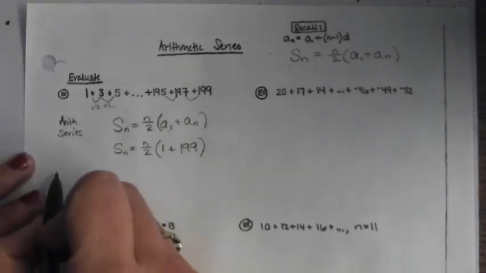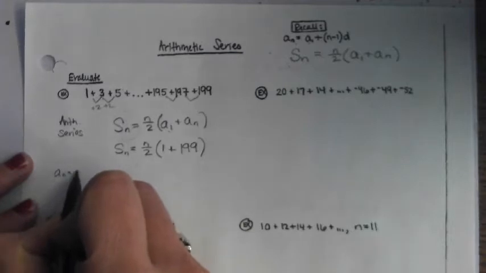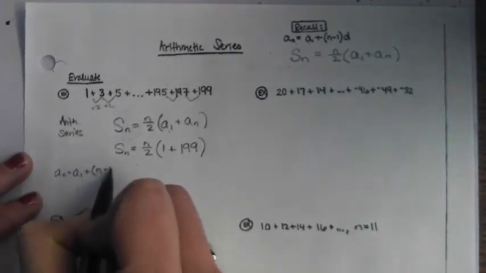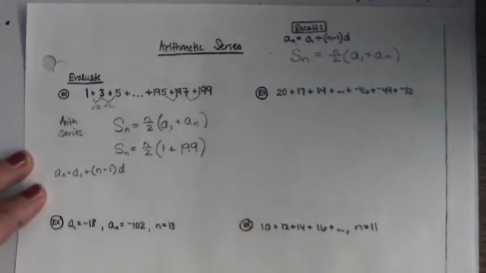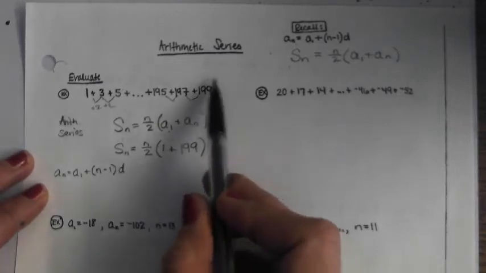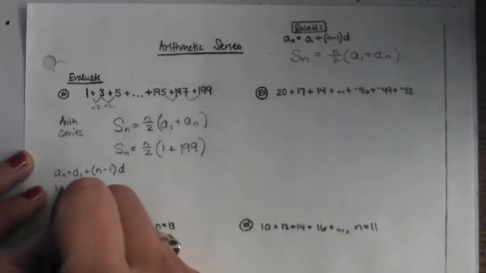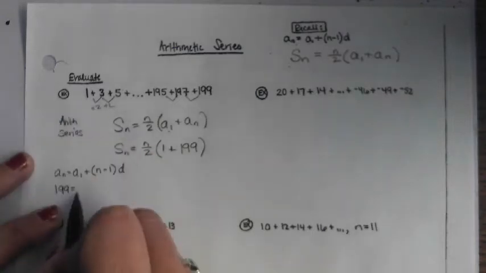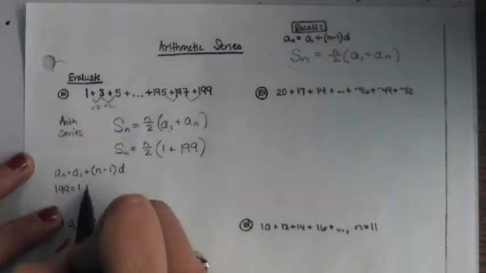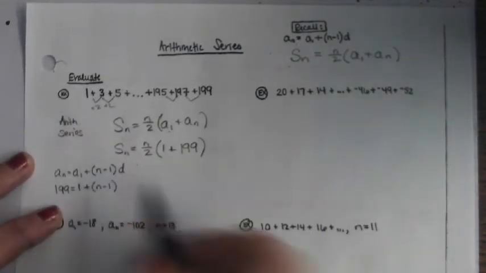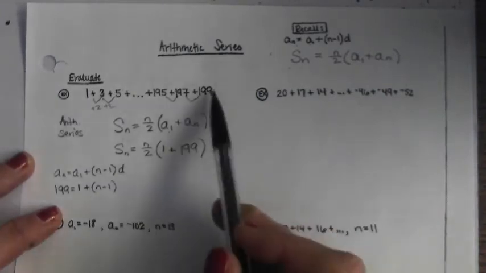So if I jump back to my arithmetic sequence formula, and I'm just writing that down, I can now plug in what I know. My nth term is 199. My first term is 1. I don't know what n is. I don't know what term that is.